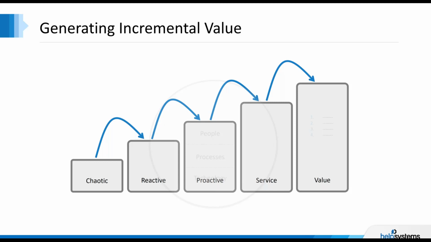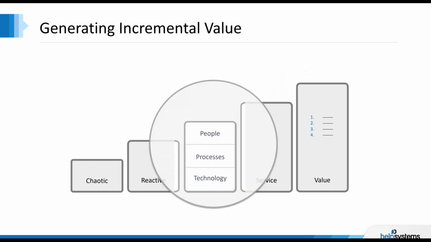You may stop at, say, service, and that's where you're going to get the most value out of this process compared to the investments. So each level of this maturity model has a people aspect, a process aspect and a technology aspect. So we look at them individually and try to glean where you are. For each level, there is a certain set of characteristics that describes organizations that are at that level.